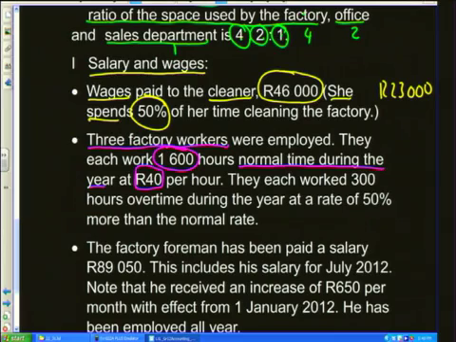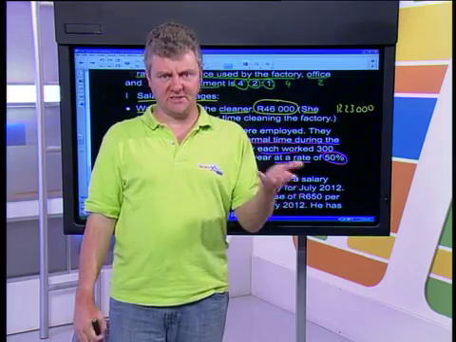They also each worked 300 hours overtime. So 1,600 normal hours plus 300 hours overtime. And they did that at a rate of 50% more than the normal rate. Those of you that study business economics or business studies will know that by law you're supposed to pay 50% extra.